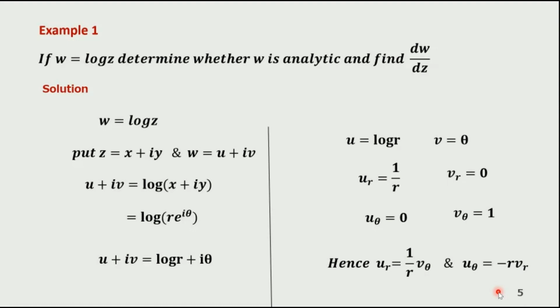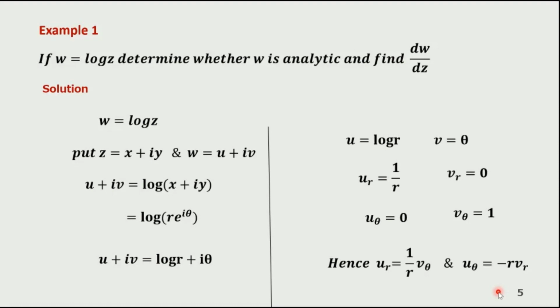If the function is analytic, we can calculate its derivative. Analytic function means differentiable function. So calculating the derivative f dash of z. f dash of z in Cartesian coordinates was u x plus i v x. And f dash of z in polar coordinates will be e raised to minus i theta into u r plus i into v r.